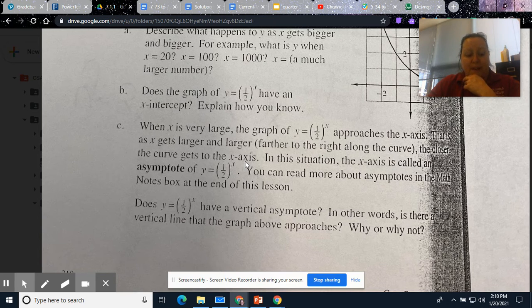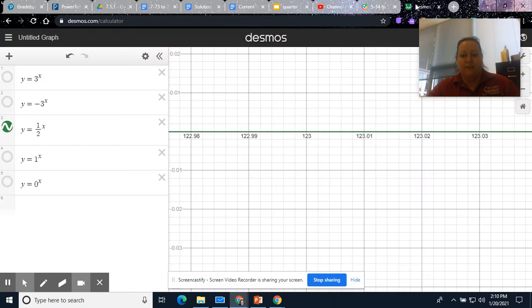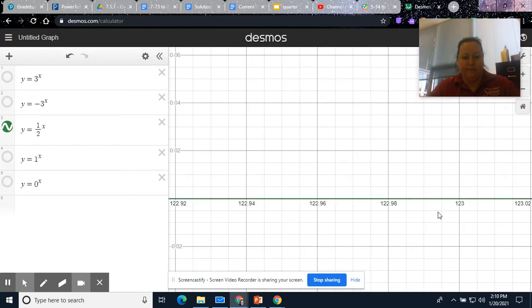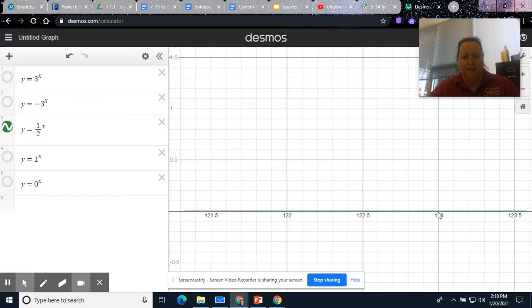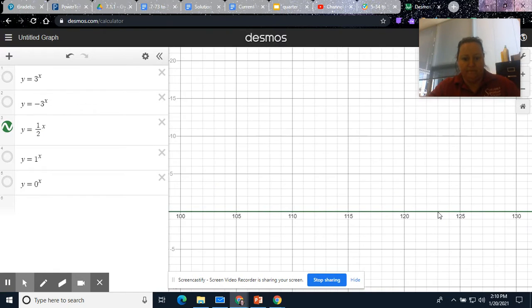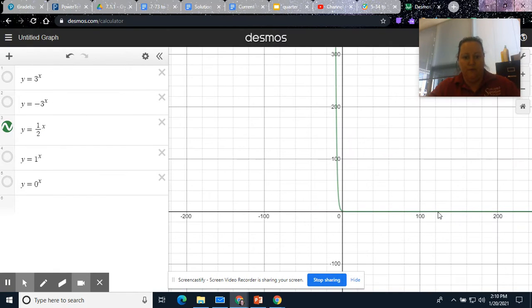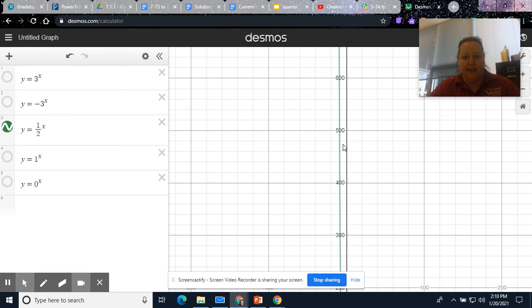Does y equals 1/2 to the x have a vertical asymptote? In other words, is there a vertical line that the graph approaches? And so if we go back here, to zoom way out here, does this ever approach a line and never go over it?